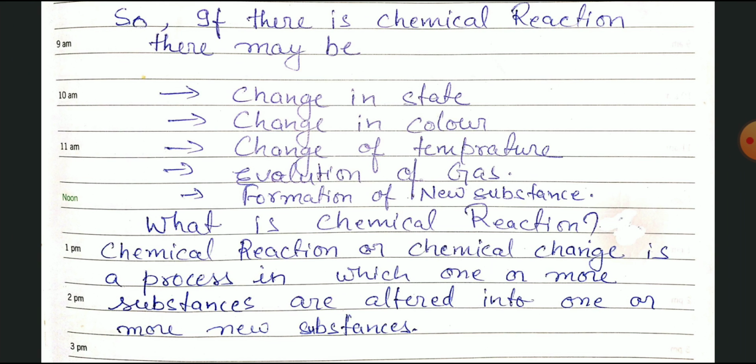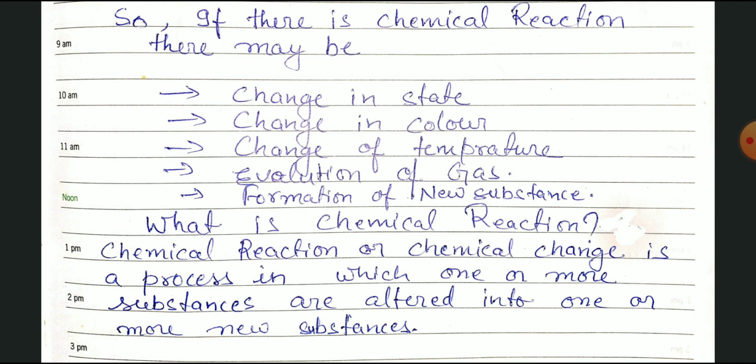In all the reactions that we have done and all the reactions that happen around us, the reaction may have these things in common: there may be a change in state, a change in color, a change in temperature, evolution of gases, or formation of a new substance. These are the common characteristics of a chemical reaction. Now we are ready to define what a chemical reaction is. Chemical reaction and chemical change are the same thing.